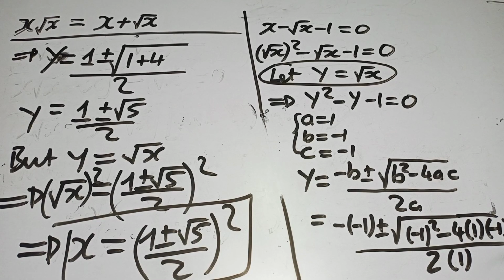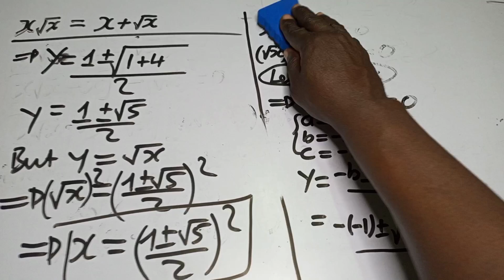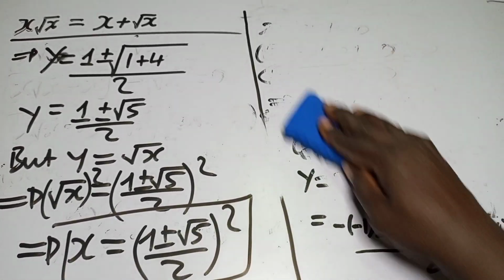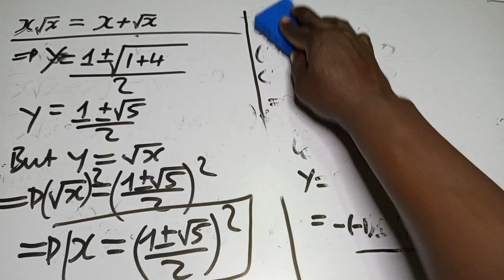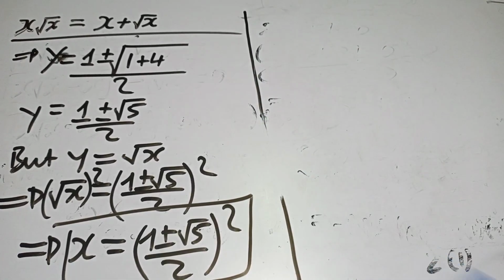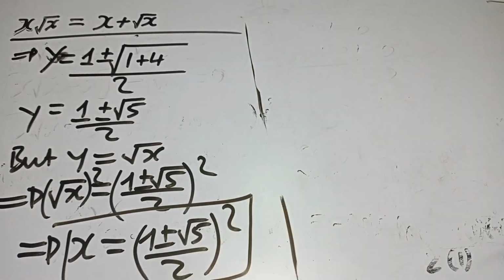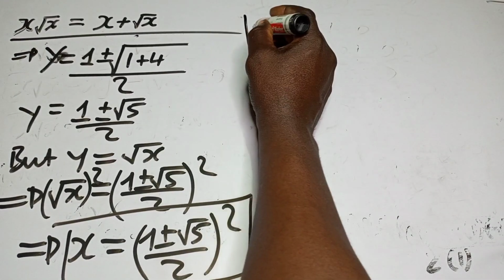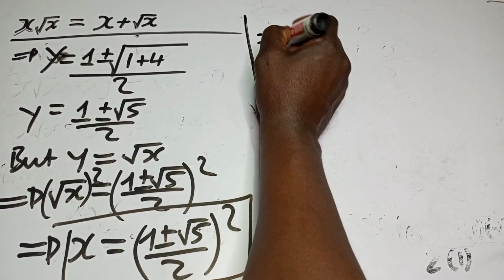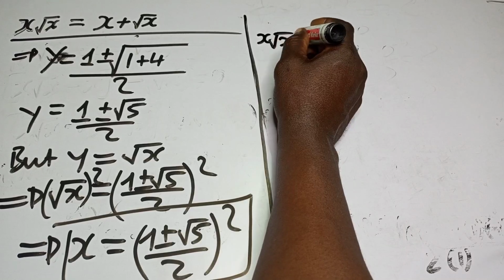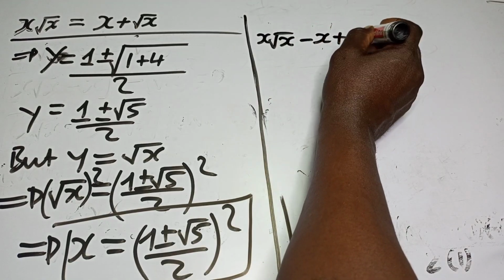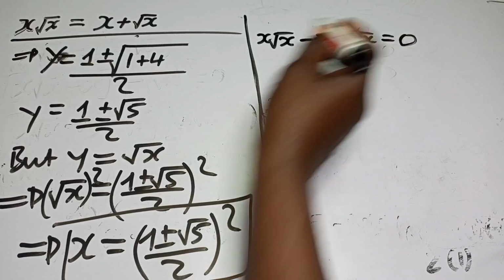Let's take the second equation. The second equation we have to solve is x root x minus x plus root x equals 0.